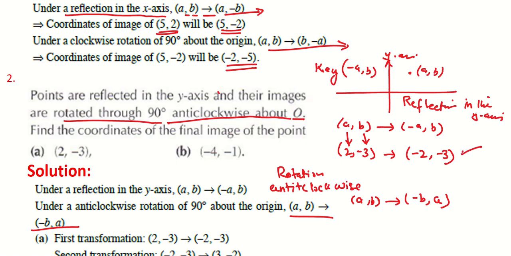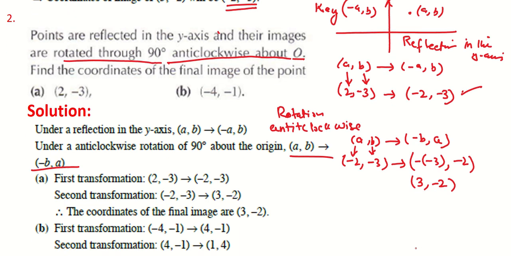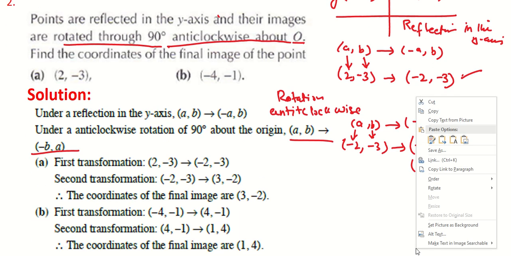The resulting point was (-2, -3), where the value of b is -3, so multiplying it by a minus sign gives 3, and a remains as it is, which is -2. So the answer is (3, -2). This is the answer, (3, -2).